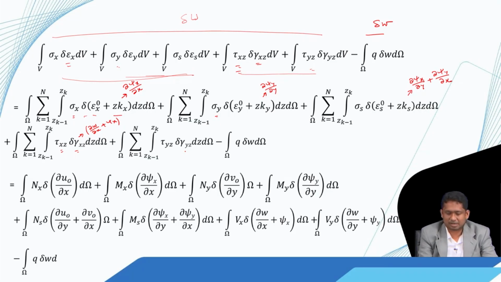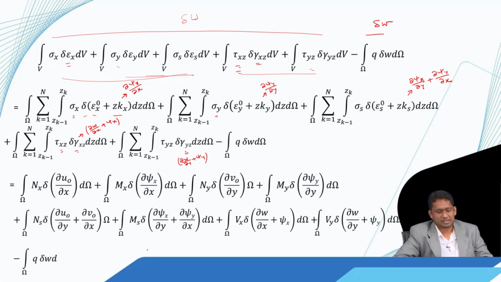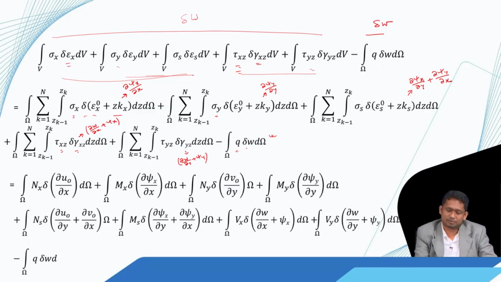Similarly, we have tau y z into gamma y z, which is del w by del y plus psi y. Again we integrate them over the thickness, sum up, and then integrate over the surface, and then we have the external work done by the external force subtracted. The external force is distributed over the surface, so it is a surface integral of force multiplied by the variation of displacement along the z direction, so delta w.